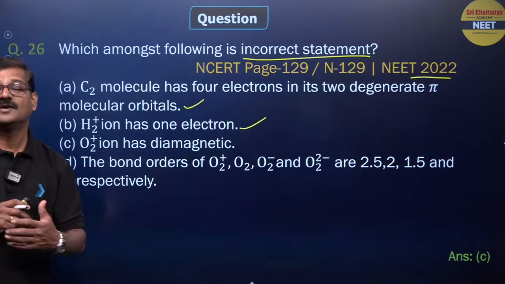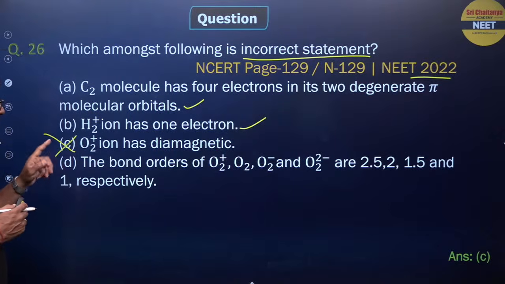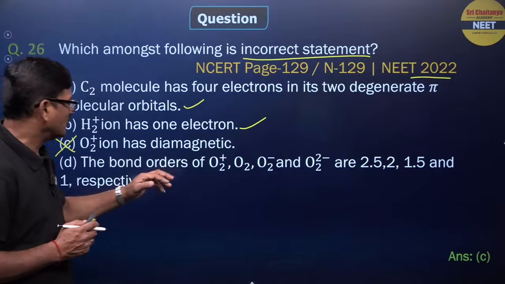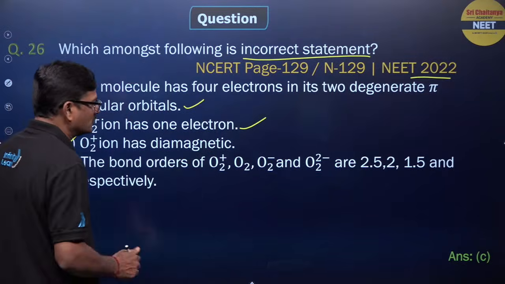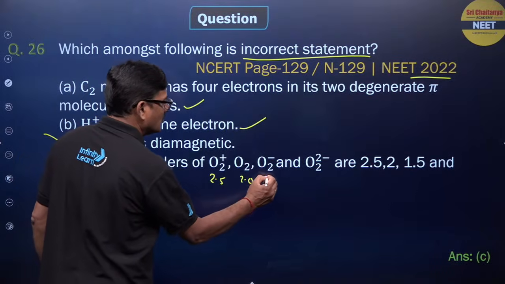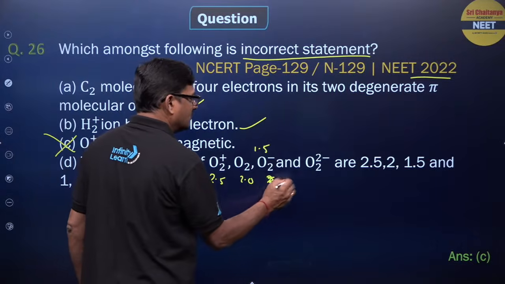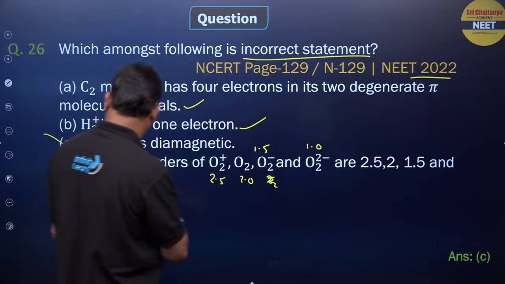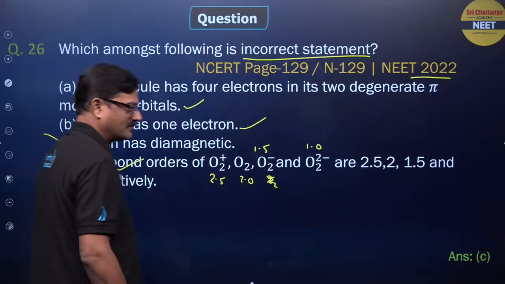O2 2 plus becomes diamagnetic again, children, and this is the wrong statement. The bond orders of O2 plus, O2, O2 minus and O2 2 minus are 2.5, 2.0, 1.5 and 1.0 respectively, exactly as given. This is also correct.